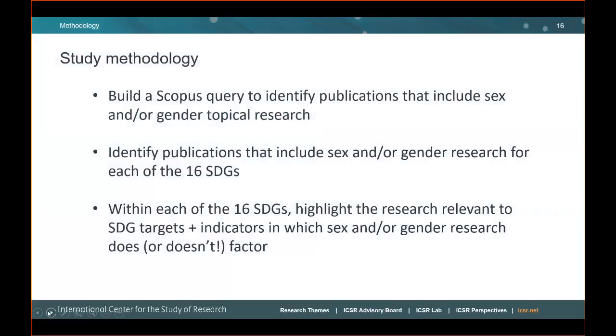We then built a new sex and gender keyword search or query, and that can be applied to Scopus as well. And this is work that actually builds on findings from our 2017 Global Gender Report. And then we overlaid the 2 resulting data sets using a VOSviewer tool to visualize sex and gender overlay maps for each of the 16 SDGs.